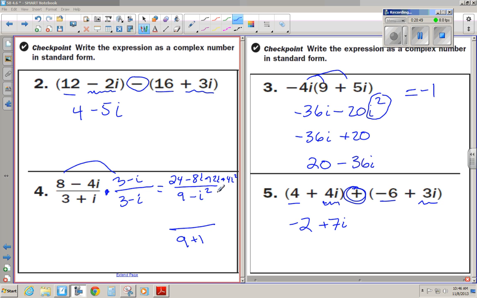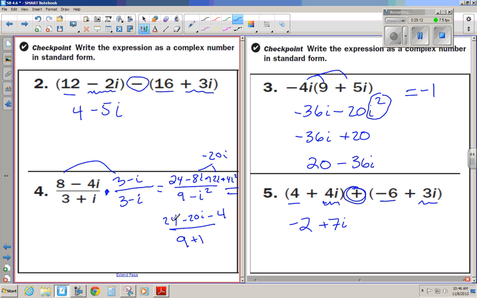So now looking at here, negative 8i and negative 12i ends up being negative 20i. 4i squared, you change the sign and get rid of i squared.